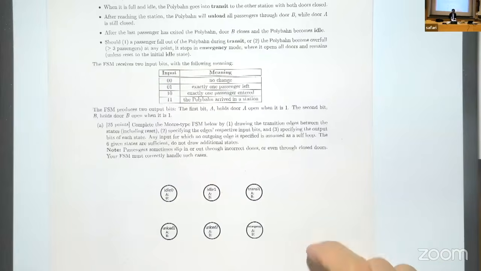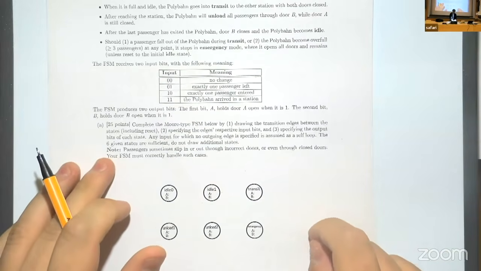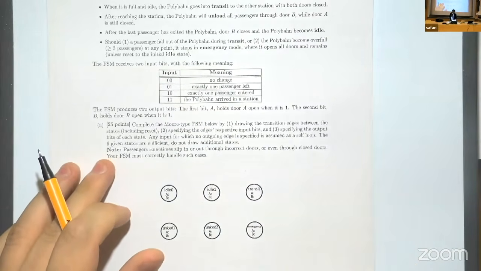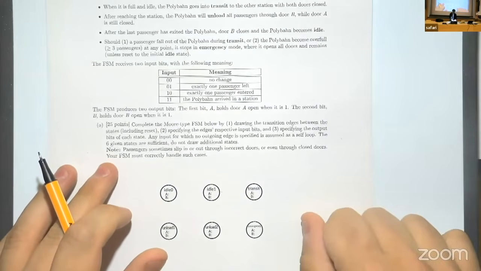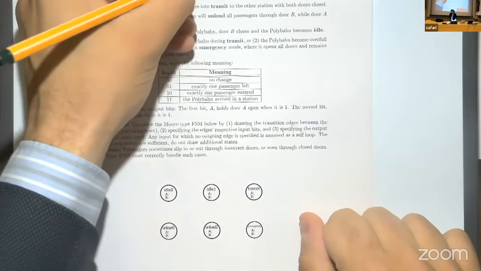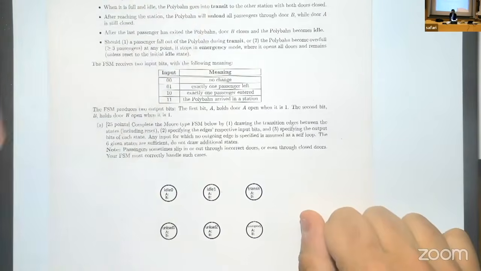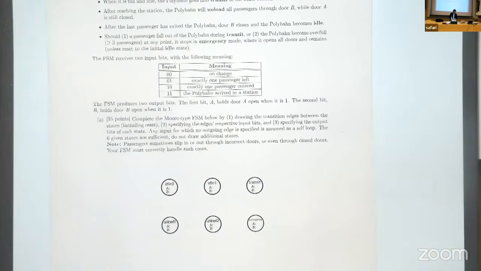So in this one, you're supposed to design a controller for the polygon, which broke down. So it has 2 doors, which will be outputs, A and B. You can see the exercise starts with a specification, quite precise specification, hopefully.